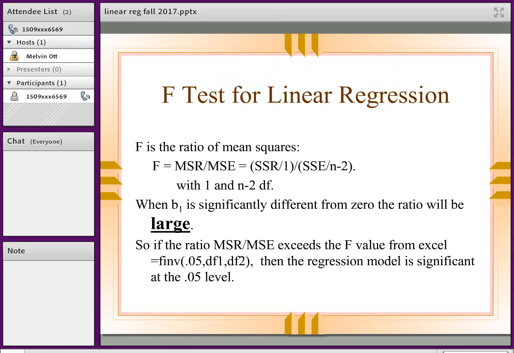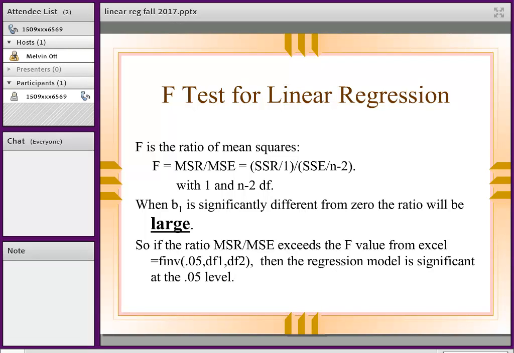So jump to the next one. There's my F ratio. It's the mean square regression divided by mean square error with their appropriate degrees of freedom. So it gives me an F value with 1 and n minus 2 degrees of freedom. And when B1 is significantly different from 0, that ratio is going to be a big number too.